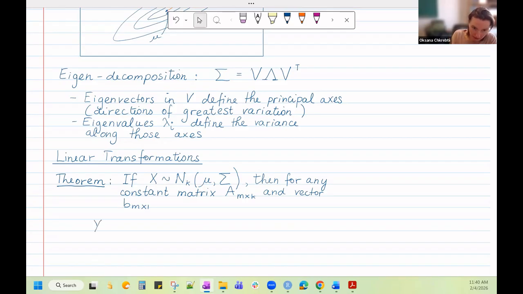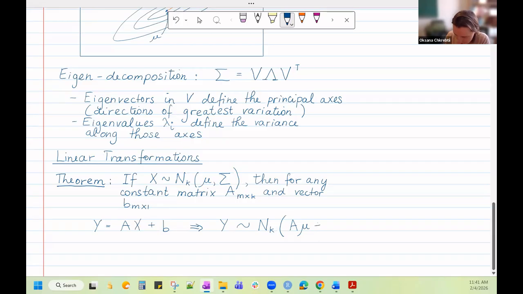If you define a new random vector y as AX plus b, what this implies is that y is now also normally distributed and has the mean A mu, which is a transformation of the original mean by the transformation defined by this matrix A, shifted by this vector b, so plus b, and variance covariance matrix A sigma A transpose.